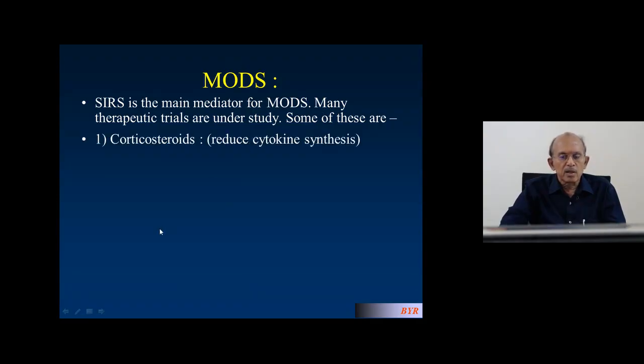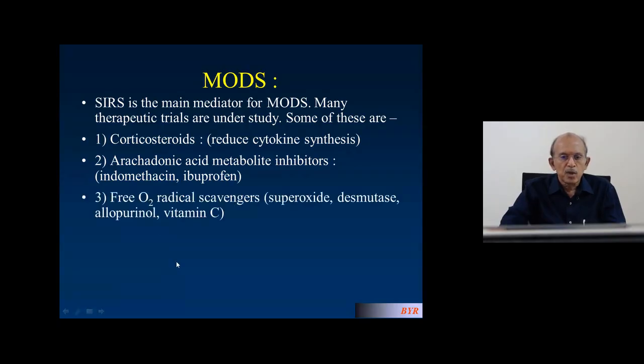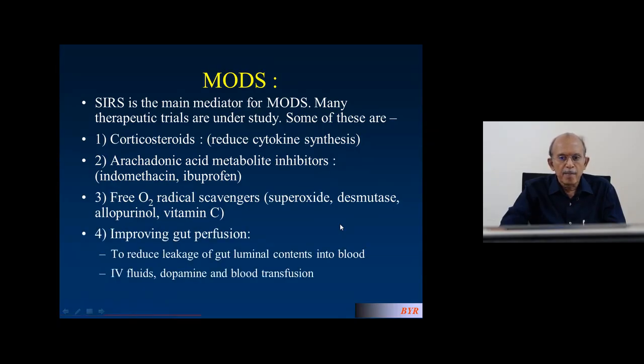Some of these are corticosteroids, arachidonic acid metabolite inhibitors, free oxygen radical scavengers, and improved gut perfusion. So these are the measures taken to correct the MODS. So this is about management of hypovolemic shock. Any doubts, please?